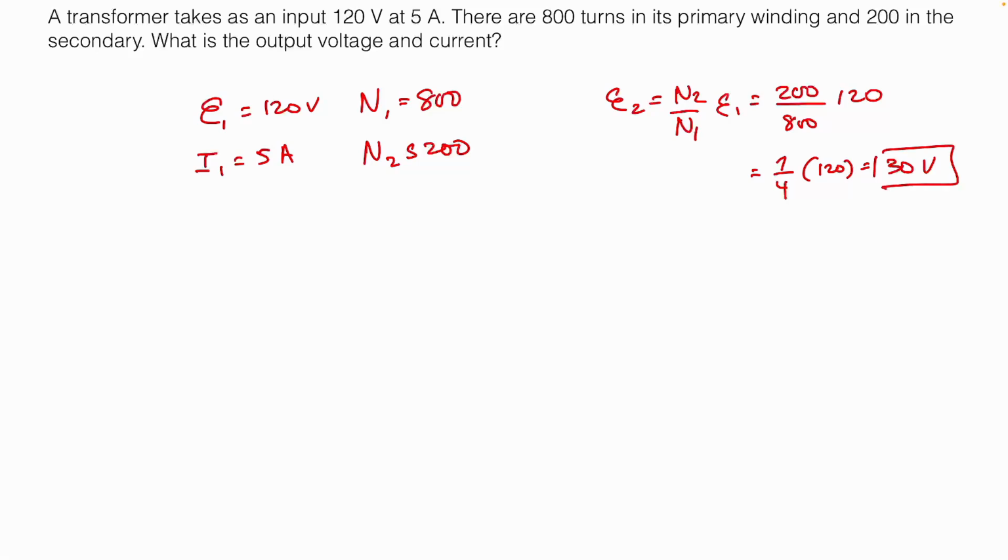Okay, so there's the output voltage. And then the output current. If the voltage went down by a factor of 4, what did the current do? Went up by a factor of 4. So there we have it.